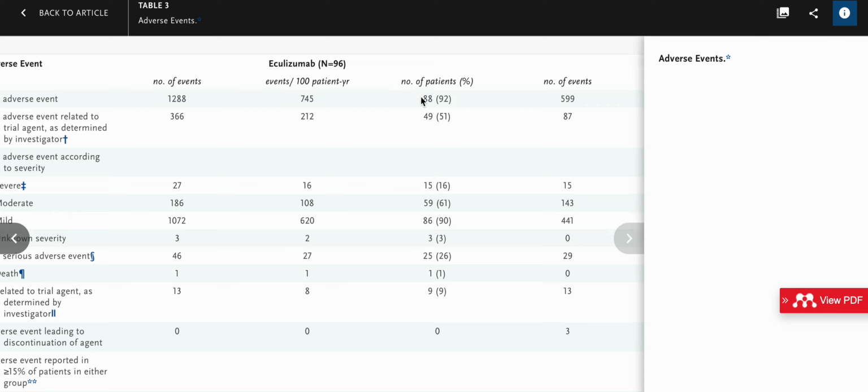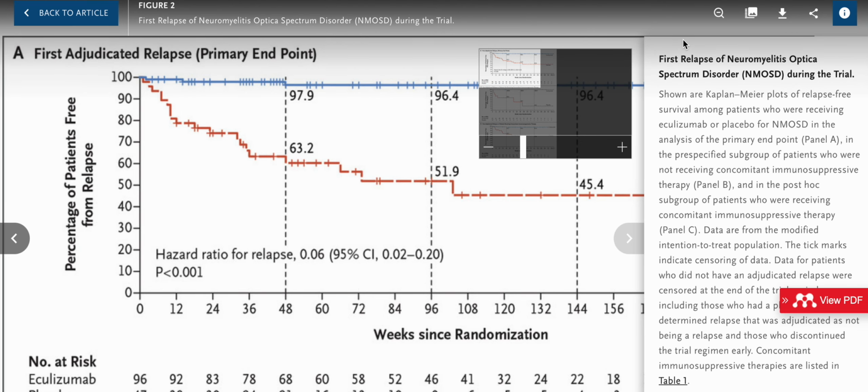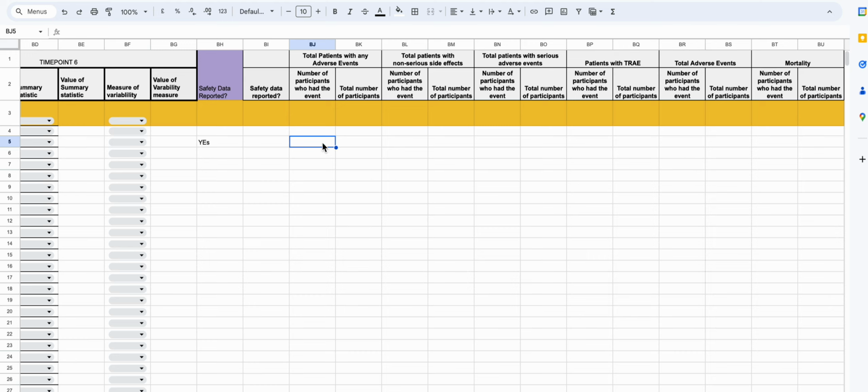The most important of these would be number of patients, right? So out of 98 patients, 88 patients were having some adverse effect, right? So it is 88. What we would be entering over here is the number of participants who had any event, right? So here we would be including this number.